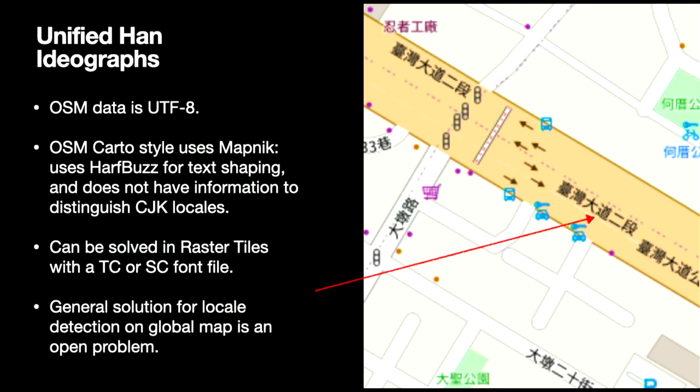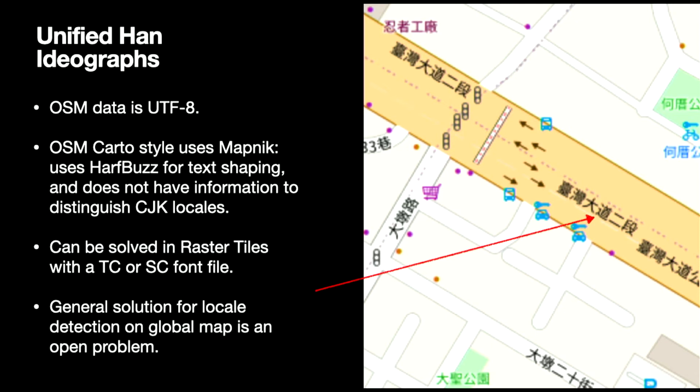The most common example of this in OpenStreetMap is the character Dao. In Taiwan, the character Dao is written with 13 strokes, but in the PRC, it's written with 12 strokes. And anywhere you go in Taiwan, it will use what's called the simplified Chinese locale character for this.